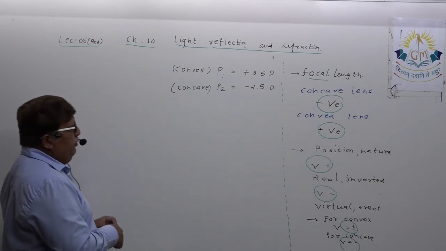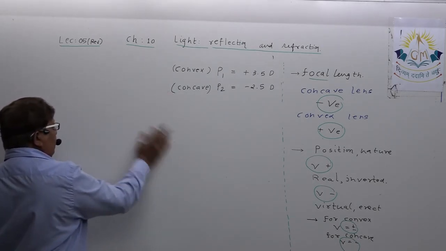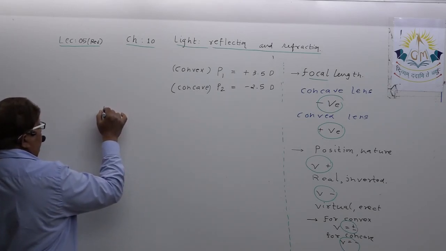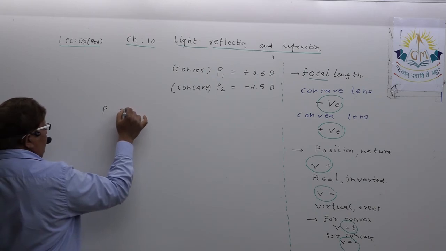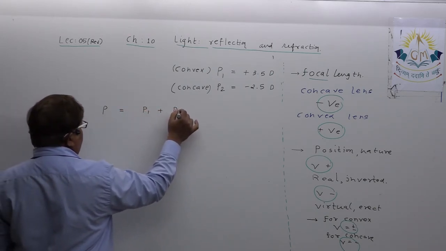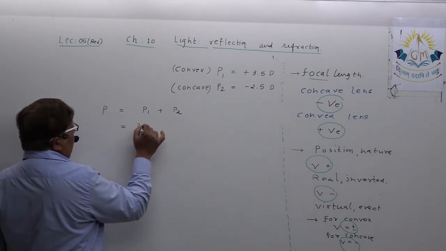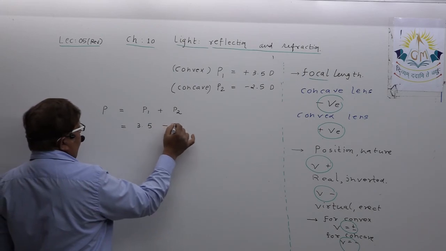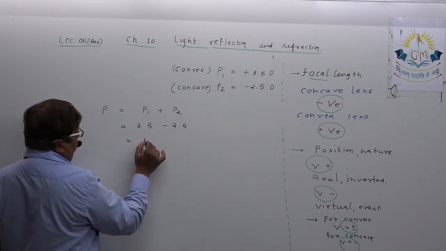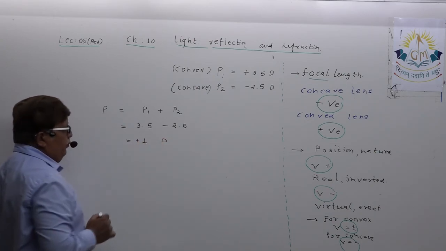How will you find the resultant power of the assembly of the two lenses? Just remember, you have to algebraically add both powers. P equals 3.5 minus 2.5, which is going to be 1 diopter, and it is positive.